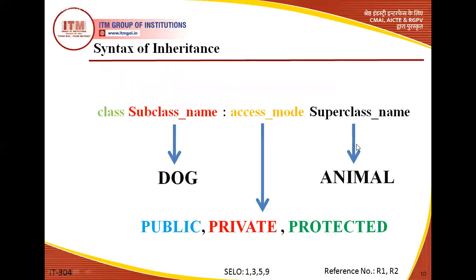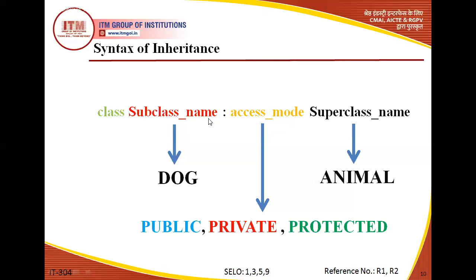Now let us learn about the syntax of inheritance, that is, if we want to use the concept of inheritance in our program, how we can use it. This is the line by which you can use the concept of inheritance in your program.